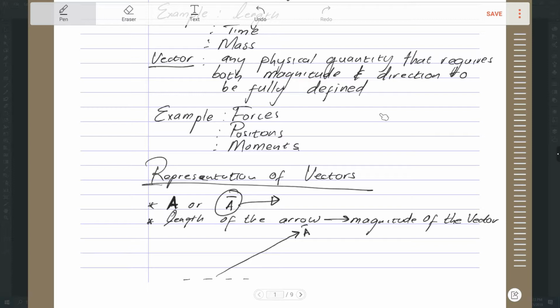This vector is at an angle, say we have an x-axis, so it's at an angle theta from the x-axis. So as we have discussed, the length of the arrow represents the magnitude, while the angle theta represents the direction of the vector. So this is how we represent a vector in writing.